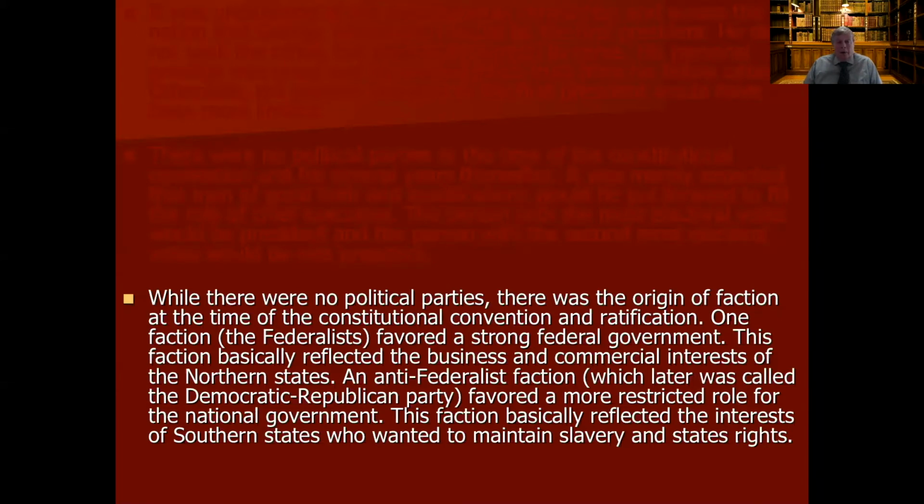An anti-federalist faction, which was later called the Democratic Republican Party, no relationship to the modern Republican Party, favored a more restrictive role for the national government. This faction basically reflected the interests of southern states who wanted to maintain slavery and states' rights.